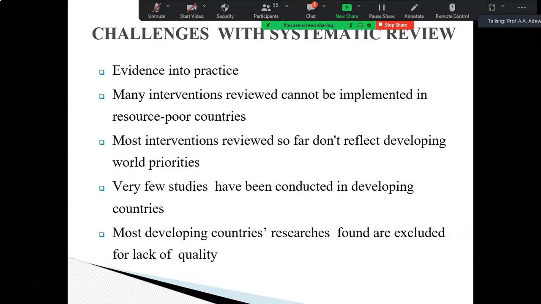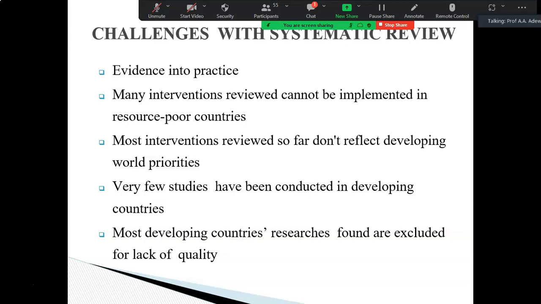And this is because of our lackadaisical attitude to addressing health issues in resource-constrained countries sometimes. Most interventions reviewed so far don't reflect developing world priorities.